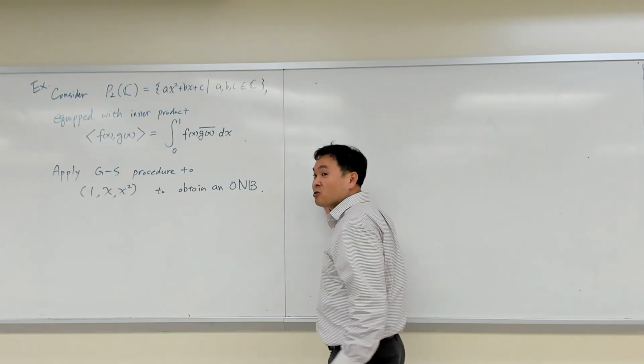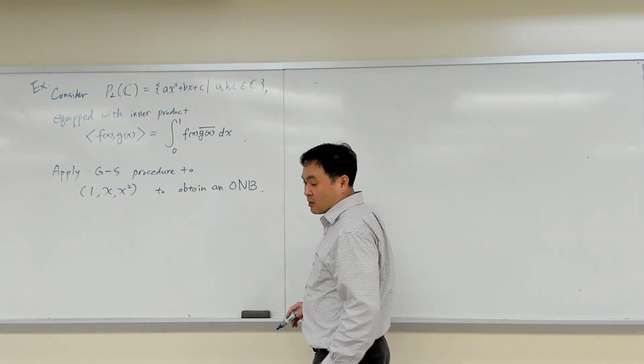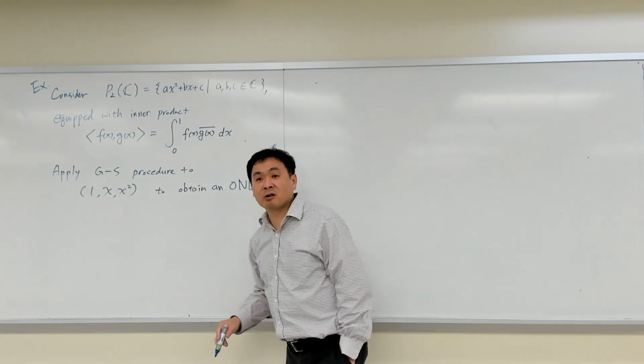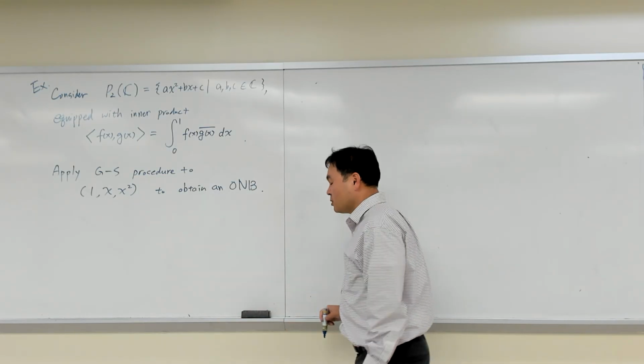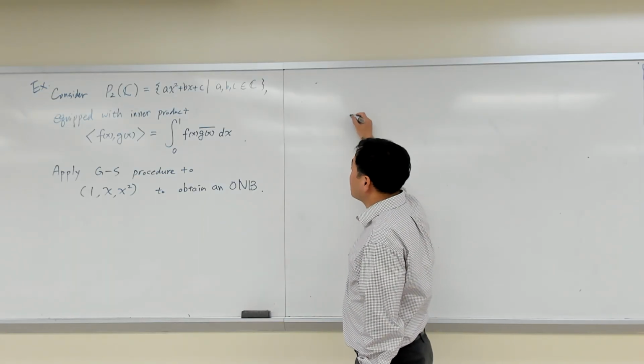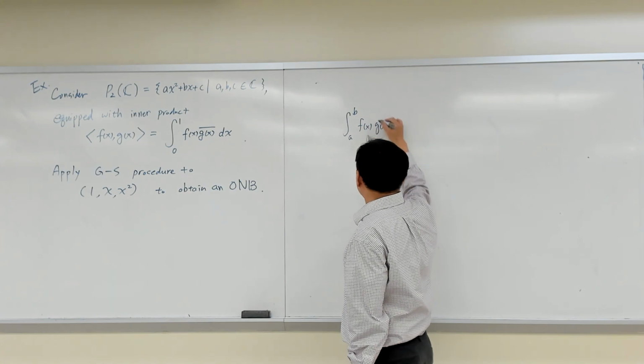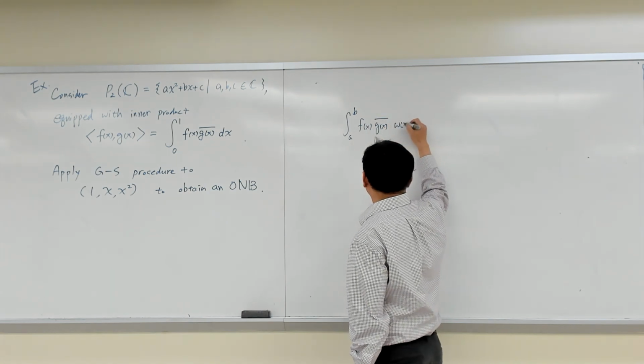A slightly more generic form of inner product that you get to use on solving PDEs when you do Sturm-Liouville is the integral from a to b of f of x times g of x bar with some weight function.